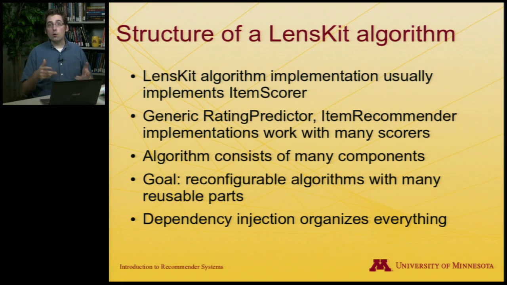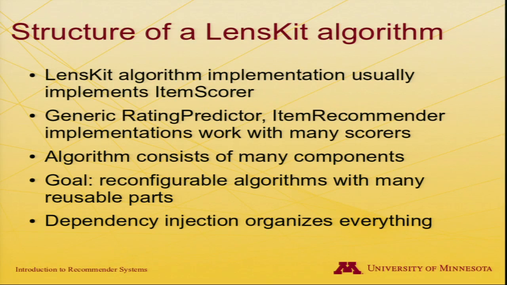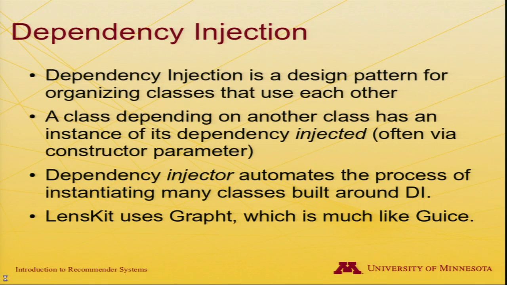That ItemScorer itself may depend on many components to do its work. The goal of this is to allow our algorithm implementations to be reconfigurable and reusable. Both have their individual pieces reusable and have the structure reusable with swapping out individual pieces. We organize all of these components with a technique called dependency injection.